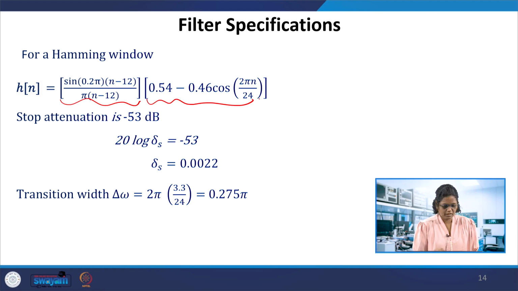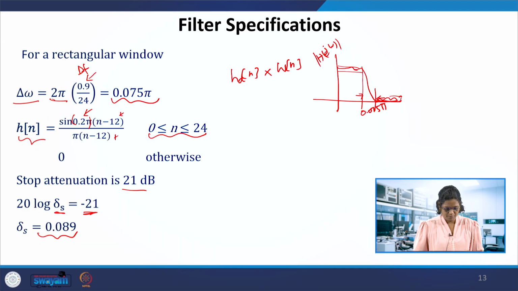The Hamming window gives, from the table, a stopband attenuation of 53 dB, whereas here this is 21 dB. So if we go for a reduction in the 0.089 ripple, let's see what happens to the ripple and the transition width.